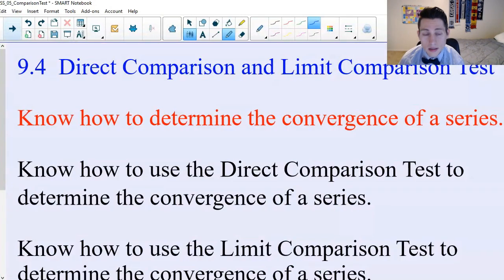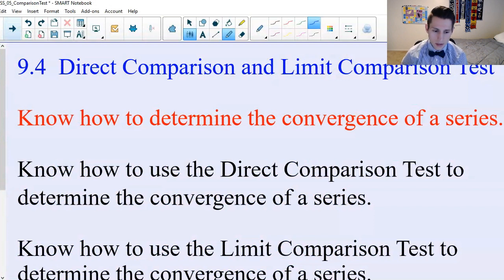All right, so today we're going to talk about the direct comparison test. We're actually probably not going to do the limit comparison test. The AP College Board cut off some things that won't be assessed on the AP exam. So for this last unit, we're going to skip around.